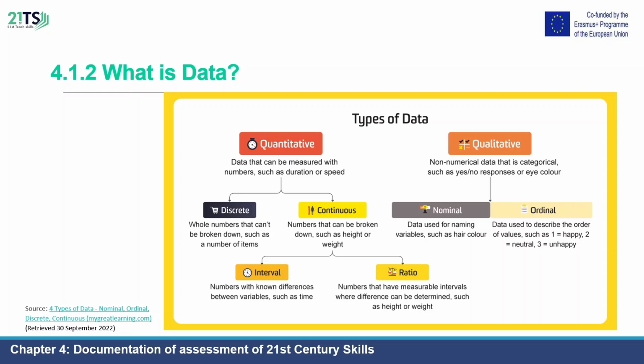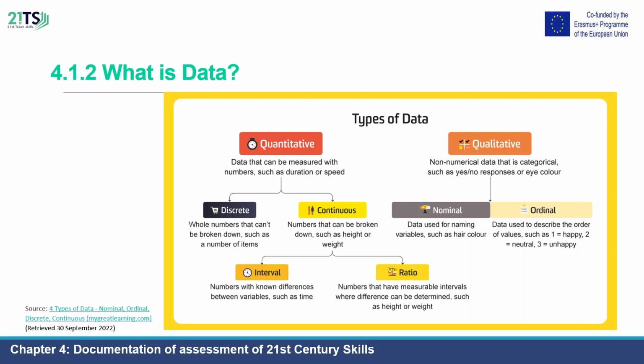Quantitative data is data that can be measured with numbers, such as duration or speed. And quantitative data is divided into two: discrete data and continuous data.